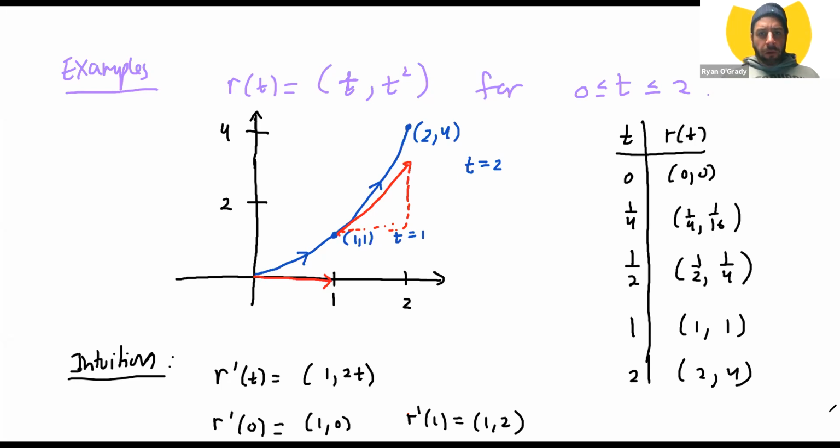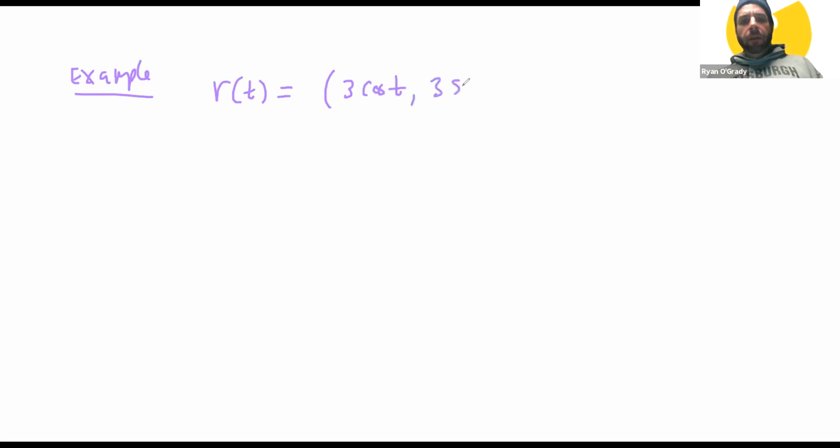Here's another bonus for these examples: we can also easily describe all types of curves. So suppose now this example, let's take r of t, and let's call the first one 3 cosine of t, comma 3 sine of t.